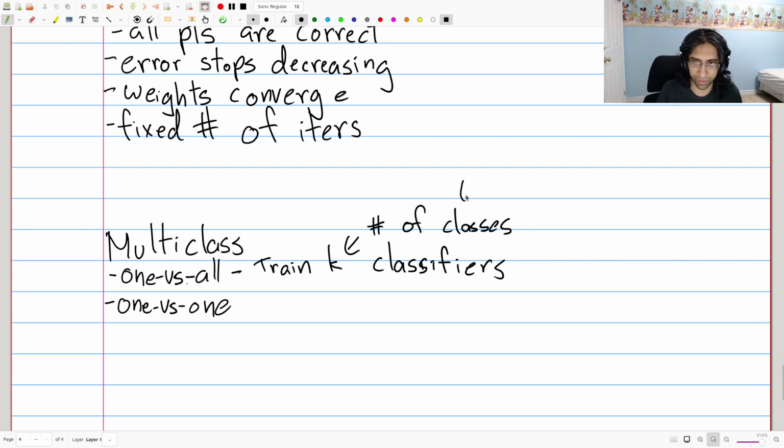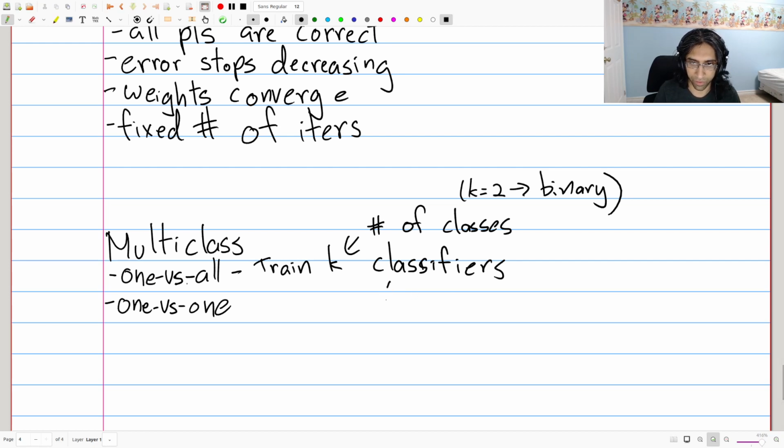So far in this class, we've looked at K equals 2. This is binary. So yeah, just train K classifiers. And the idea is that we train K classifiers where each one will set the corresponding class to be 1 and everything else to be -1.